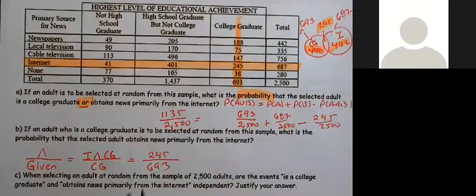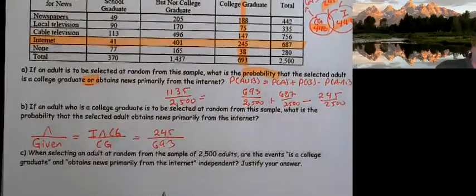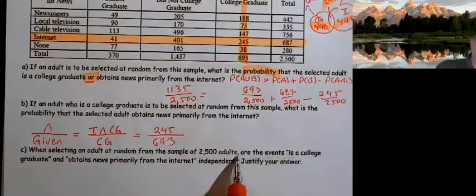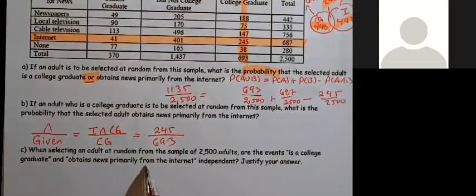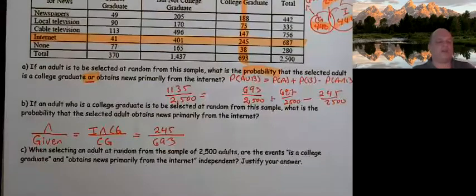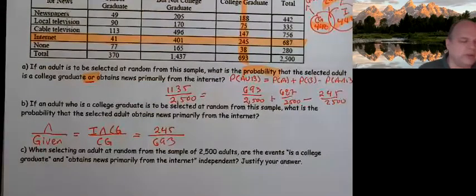So following along, when a selected adult at random from the sample of 2,500, are the events is a college graduate and obtains news primarily from the internet independent. Well, you actually have a couple choices on this. You can run this as a proportion and see if it's proportional. But I would prefer if you used either the multiplication rule or the conditional rule.